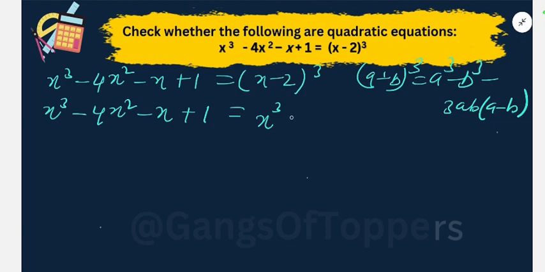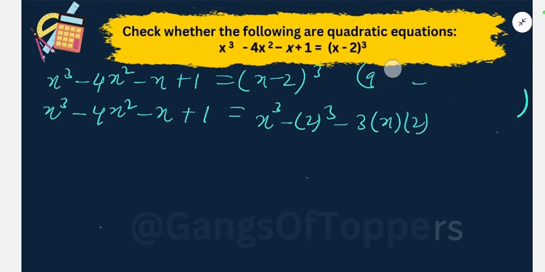Then this will become x cube minus 2 to the power cube minus 3 into x into 2 into (x minus 2).